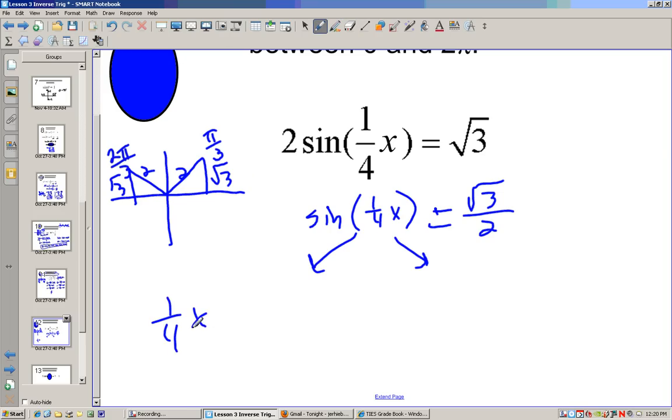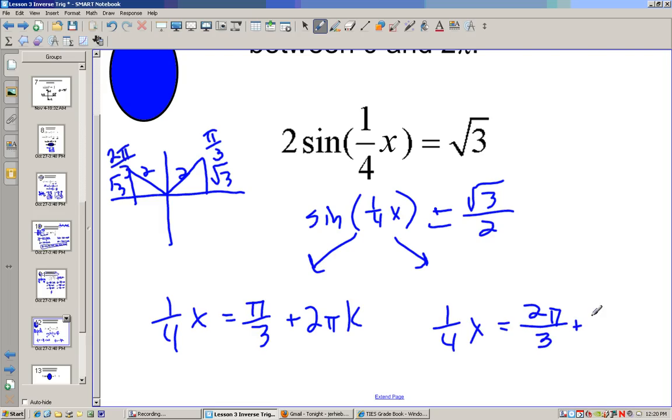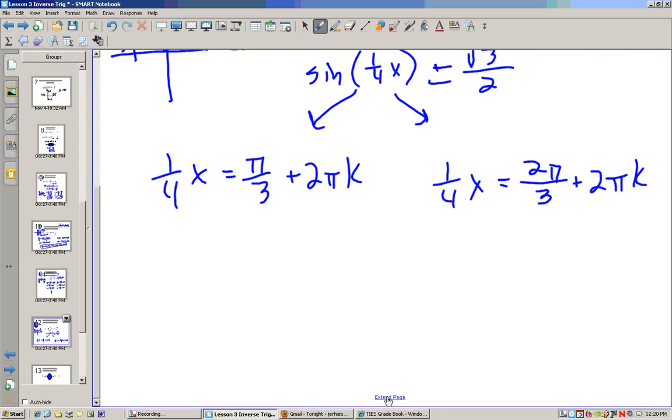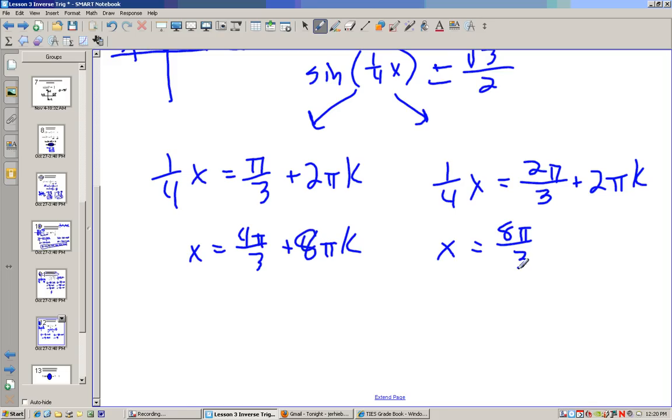1/4 x is equal to pi over 3 plus 2 pi k, and 1/4 x is equal to 2/3 pi plus 2 pi k. So now we got to multiply each side by 4, and x is going to be 4 pi over 3 plus 8 pi k, and x will be 8 pi over 3 plus 8 pi k.